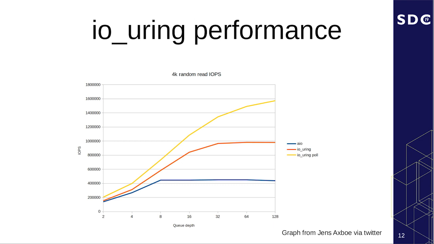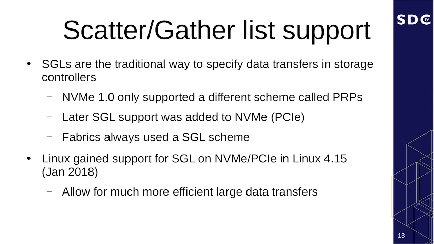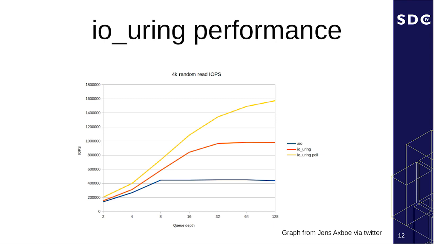And even without the polling, the io_uring is a pretty nice performance advantage when the classic asynchronous I/O interface just leveled out. But again, the NVMe changes were actually relatively small compared to the actual user space interface and the block layer changes.